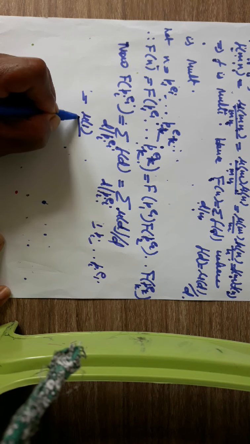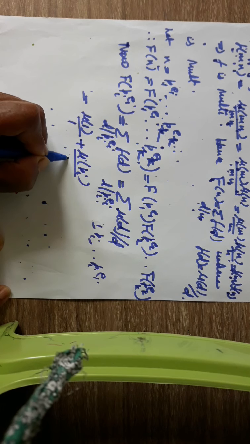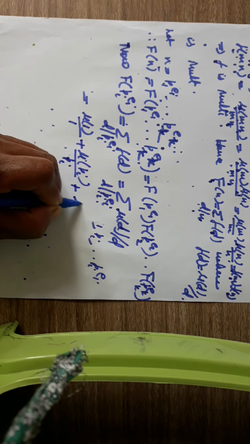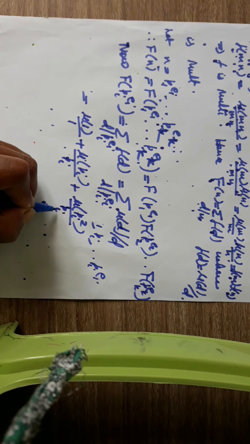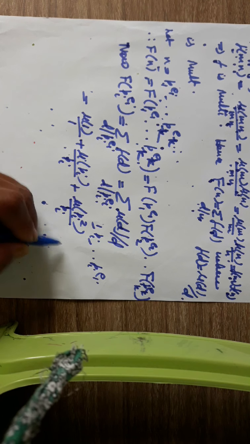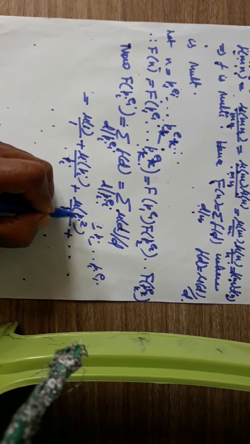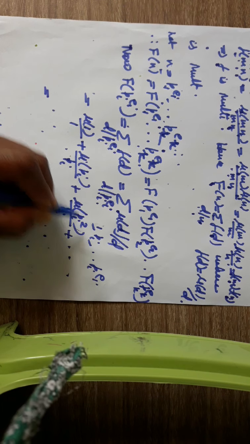So this is equal to mu of 1 divided by 1 plus mu of pi divided by pi plus mu of pi square divided by pi square plus and so on. But from this term onwards, the terms will be equal to 0, because there exists a square which divides the argument.